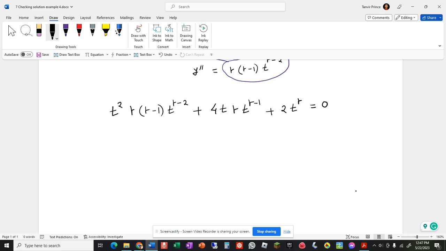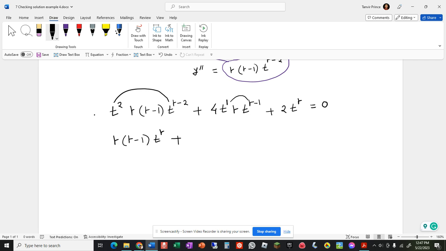Okay, let's do some algebra. I can multiply this out. So let me copy r times r minus 1, and when you multiply, you add the exponents. So r minus 2 plus 2 is actually just t to the power r. Plus, same way, I have an invisible 1 here.